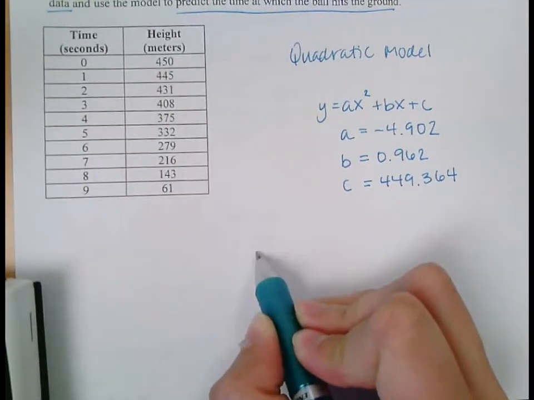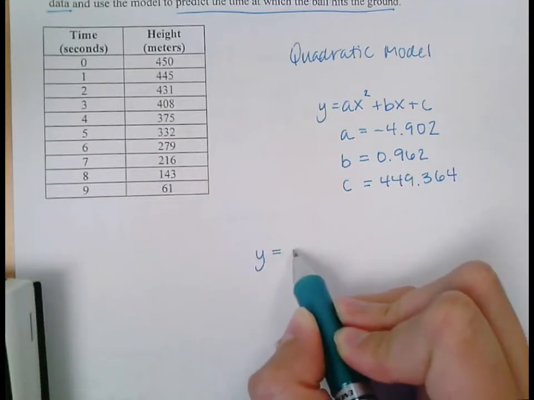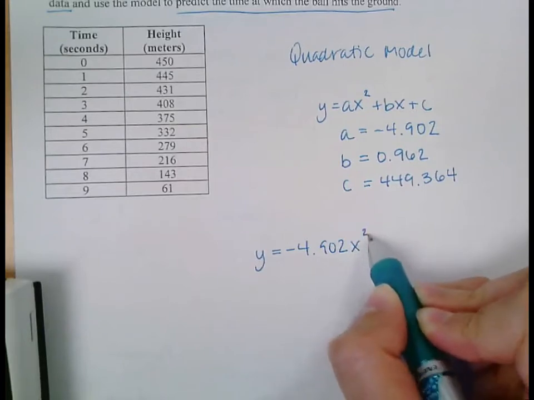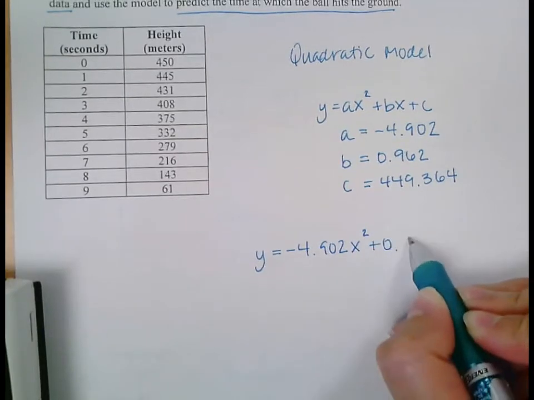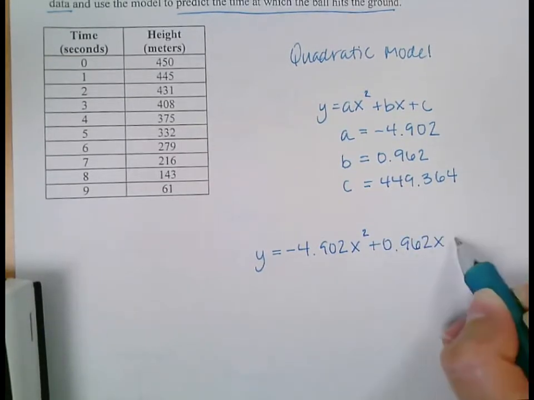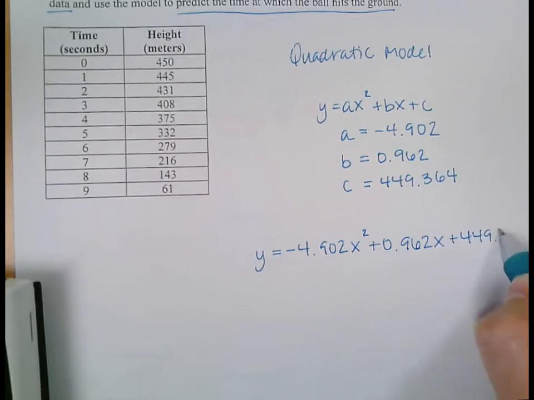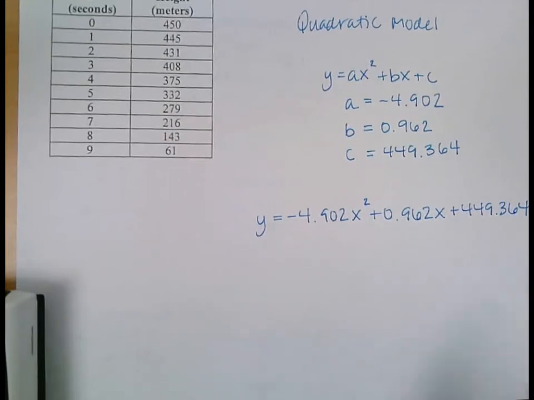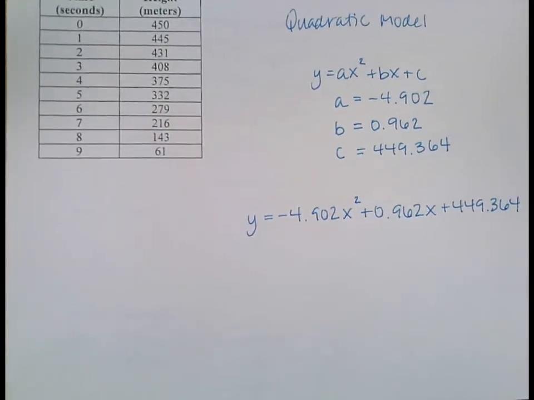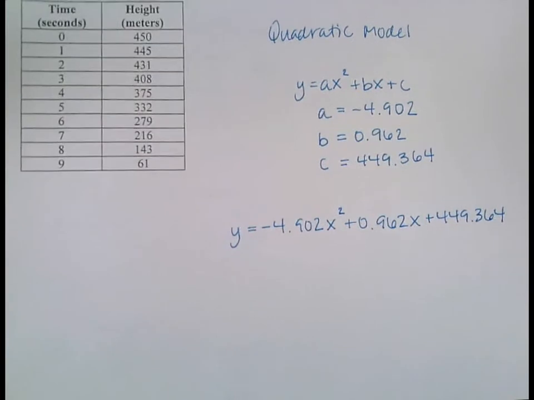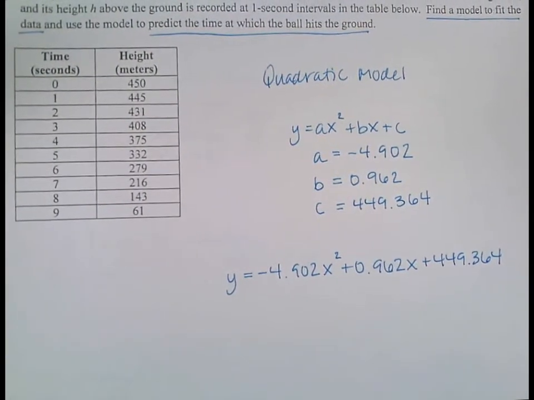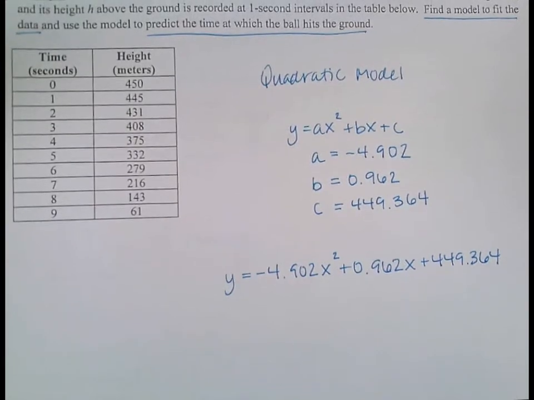I have y equals negative 4.902x squared plus 0.962x plus 449.364. So here's my quadratic equation, or I could have f of x, quadratic function. How do I predict the time at which the ball hits the ground?